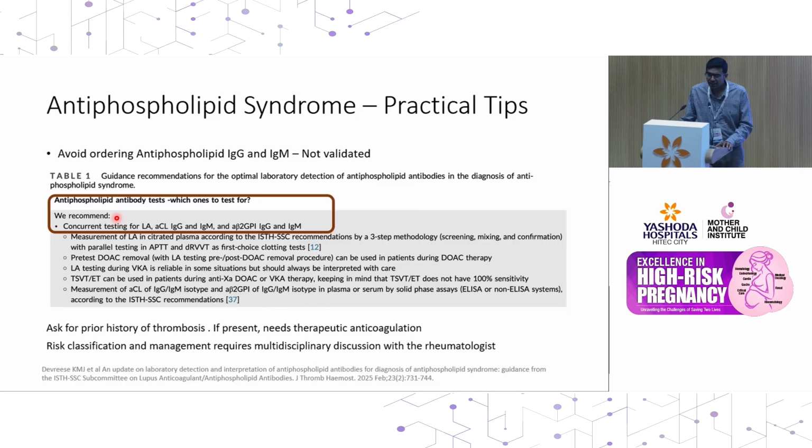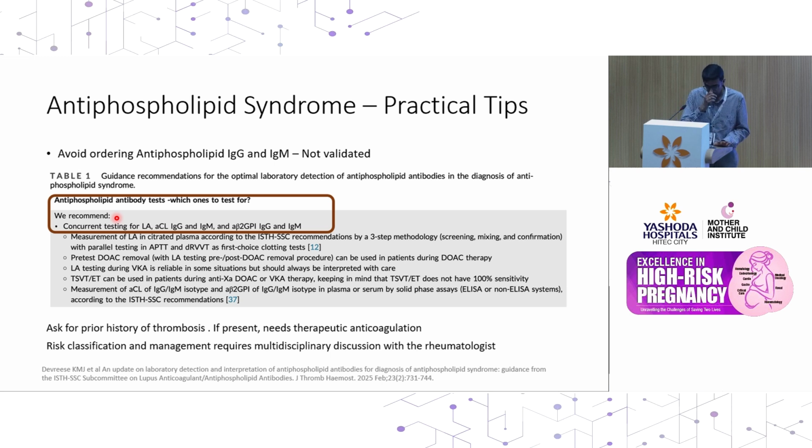Okay, fine. So practical tips on antiphospholipid syndrome. One of the common practices we see is that people order the test called antiphospholipid IgG and IgM. Now, this is a test which is not validated. So, antiphospholipid IgG and IgM as such should not be done.